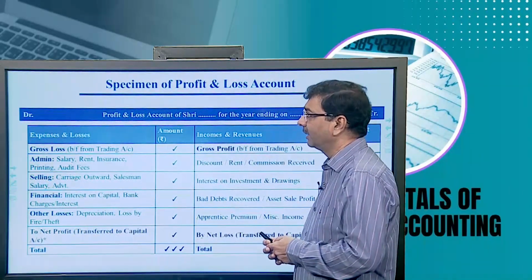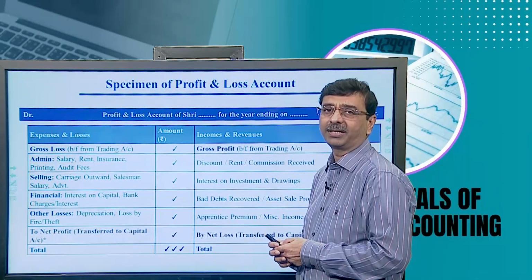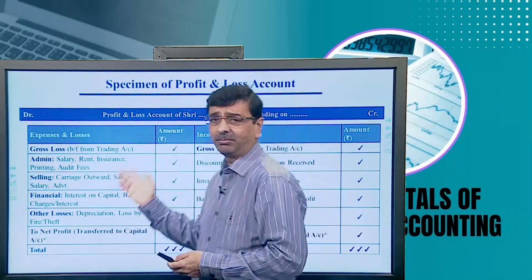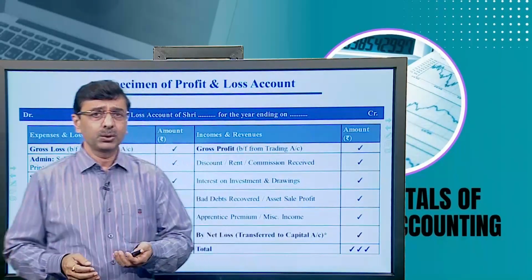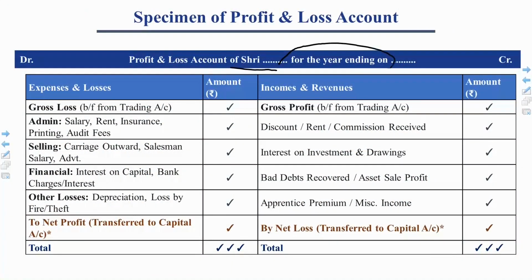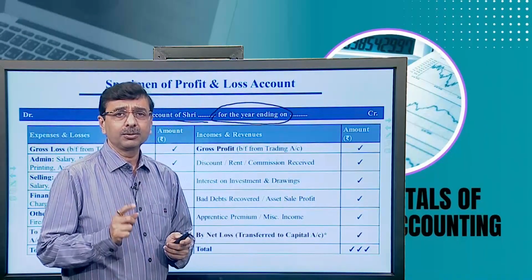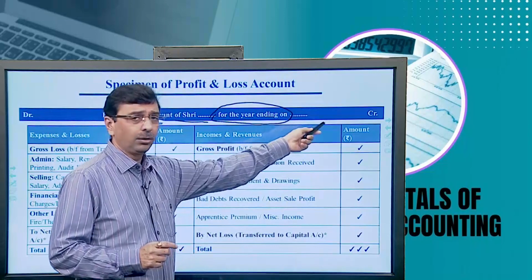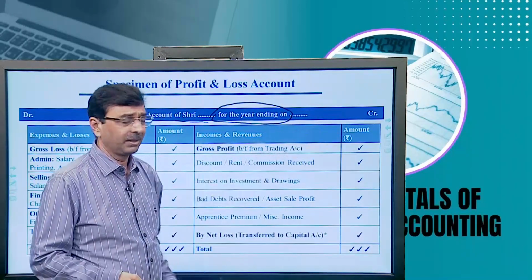Okay, now this is a specimen of the profit and loss account. Again we have to write the profit and loss account of so and so, the same title, for the year ending. We are preparing the trading and P&L accounts both for the year ending on 31st March or whatever it is.